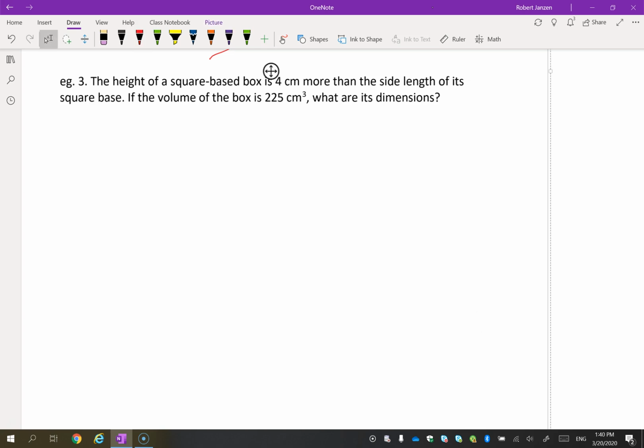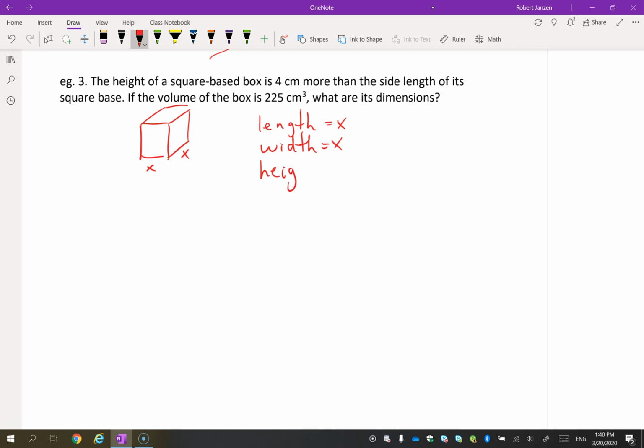Okay. It says the height of a square box. So let's draw a square box. The height is 4 centimeters more than the side length of the square base. In other words, the length and the width of this box are both the same. The length is x, the width is x, and the height is 4 more.